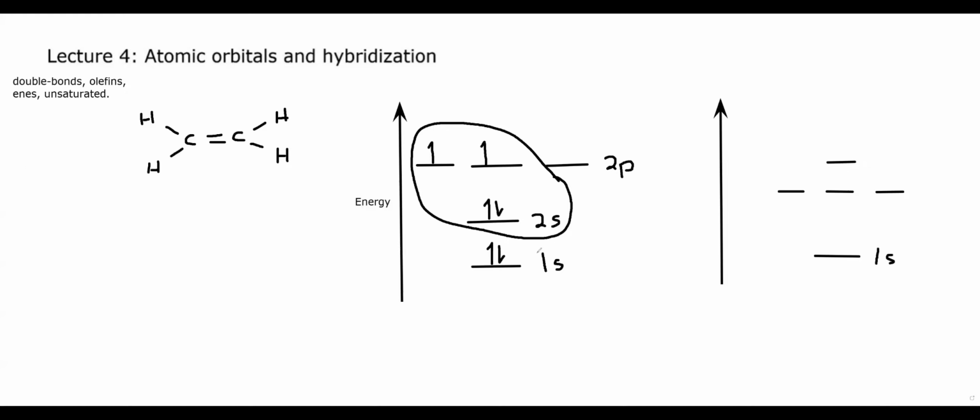This is untouched. And now we're hybridizing a 2s orbital and two 2p orbitals. So we would get sp2.